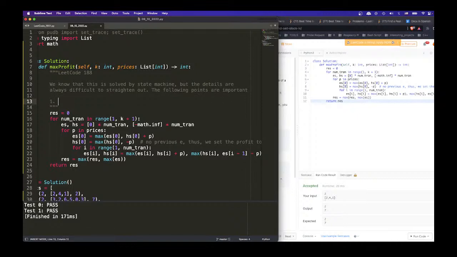First, the first point is a transaction equals buy and sell. One buy and one sell.